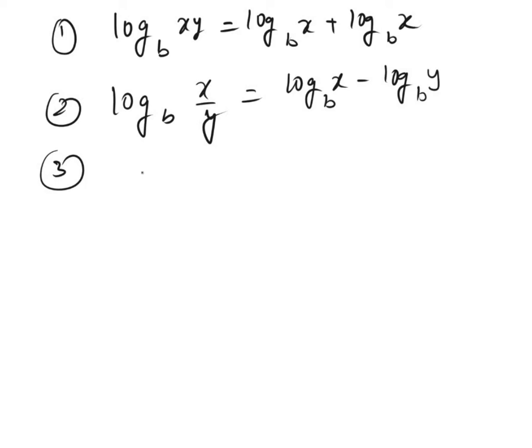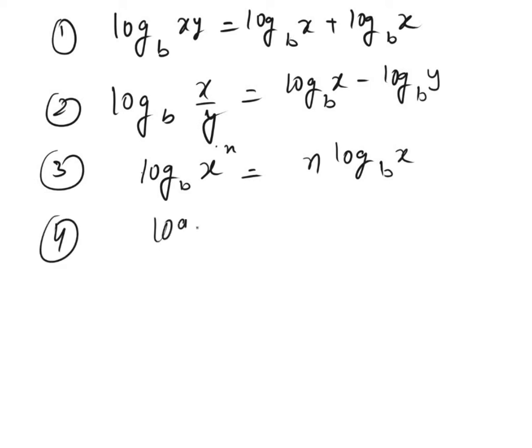The third one is the power. If I say log of x raised to the power n, base b, then this n comes forward. You can take this power right in the front of log and simplify the rest.